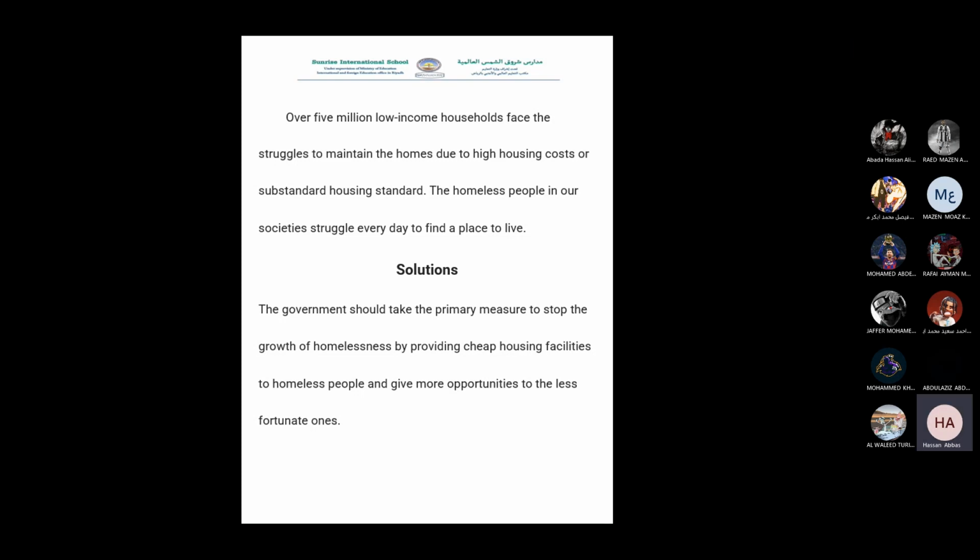The government should take the primary measure to stop the growth of homelessness by providing cheap housing facilities to homeless people and give more opportunities to the less fortunate ones. This is just some solutions, a few solutions, but we need more.